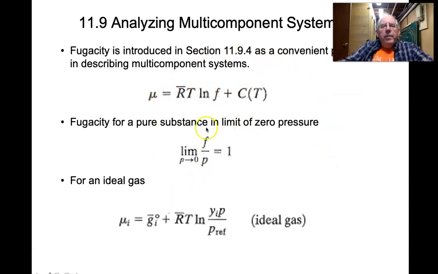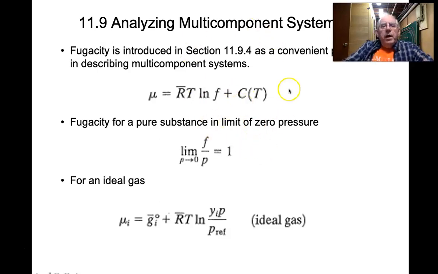There's another parameter called the fugacity, and the fugacity has units that are similar or the same as pressure units, and basically the fugacity is just a term that allows us to observe the performance of a substance as the pressure departs from low values.